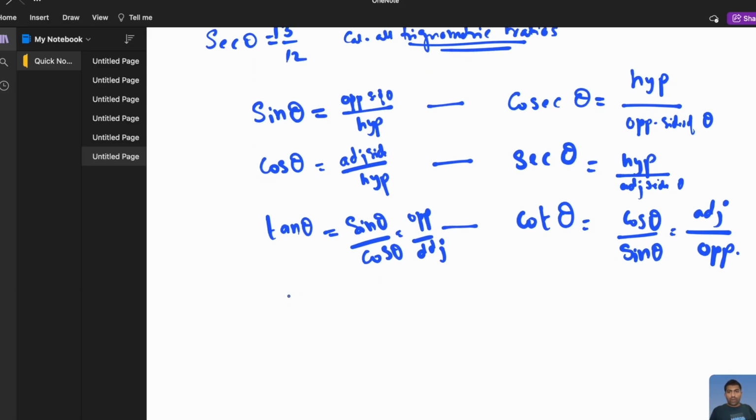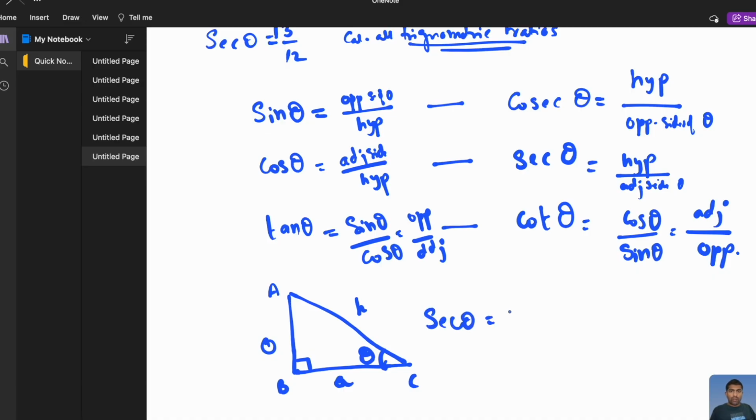For any trigonometric ratio we need to draw a right angle triangle. Let's take this as A, B, C, and let's take this angle as theta. So this will be the opposite side, this will be the adjacent side, and this will be the hypotenuse. Okay, so here we got secant theta is equal to 13 by 12.